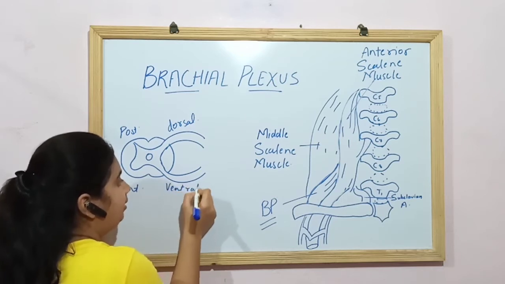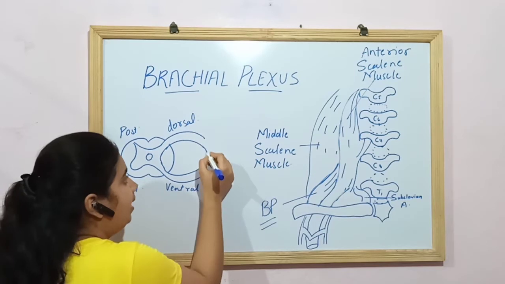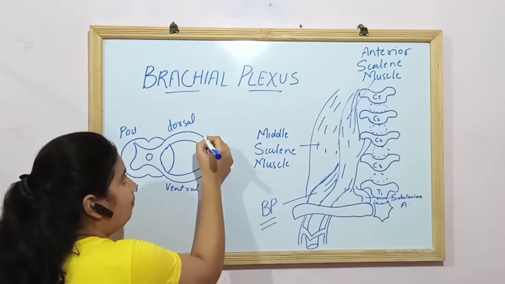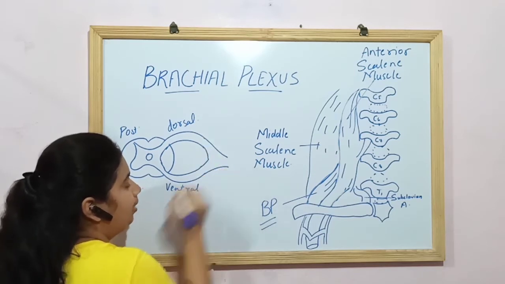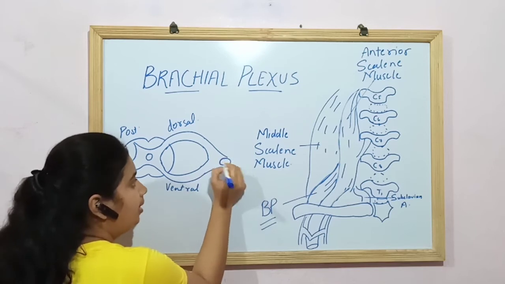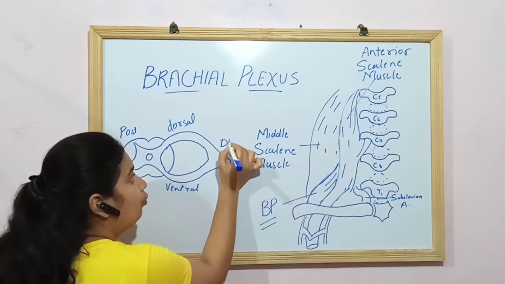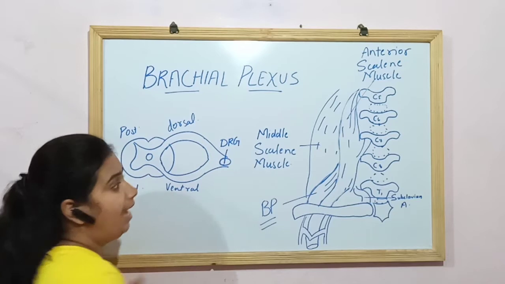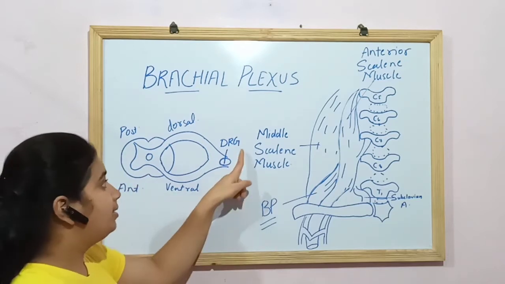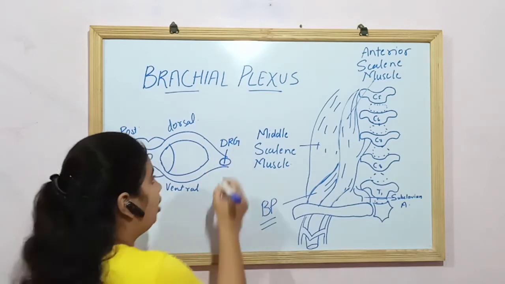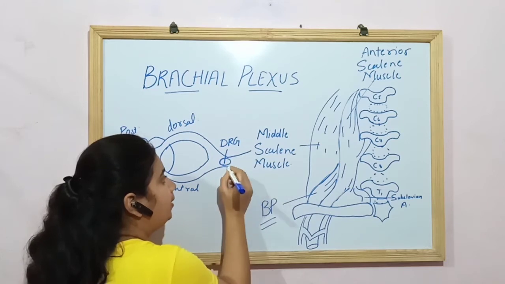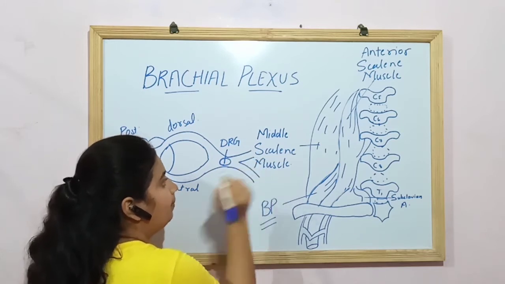Or you can say the anterior root. Then these two combine over here and form a dorsal root ganglion. Then from the dorsal root ganglion it again splits into two rami.